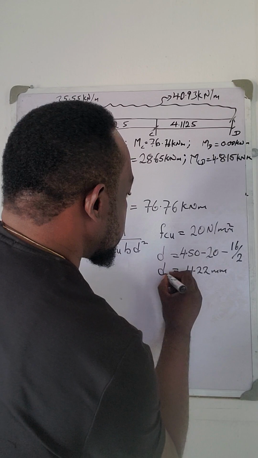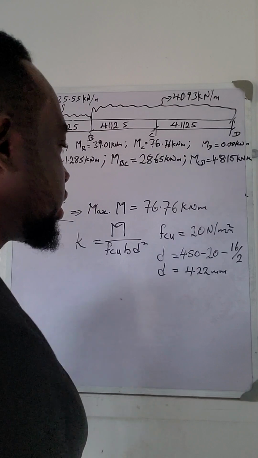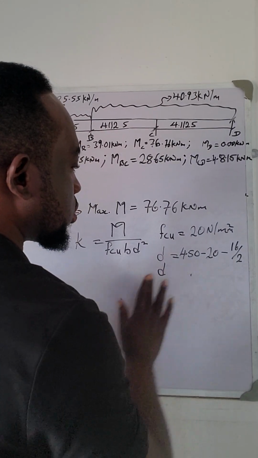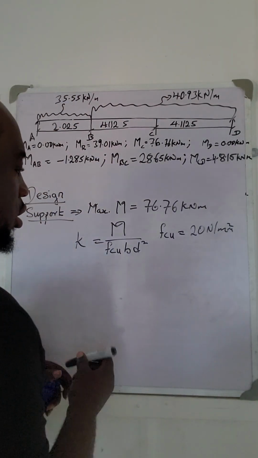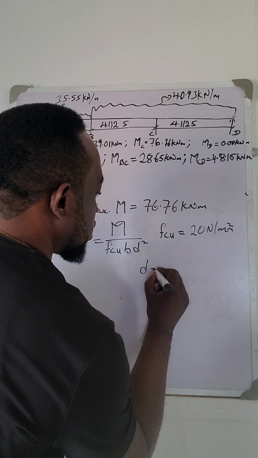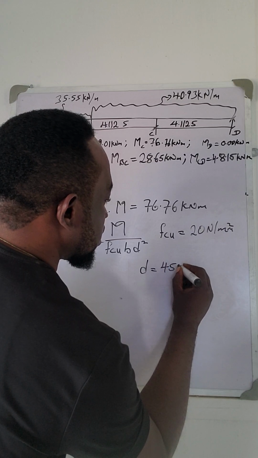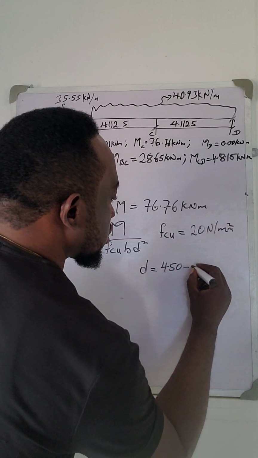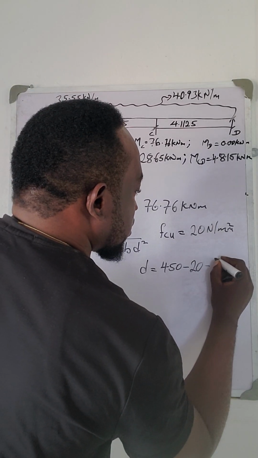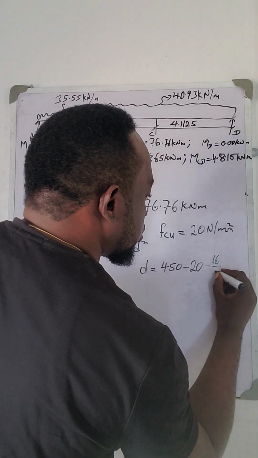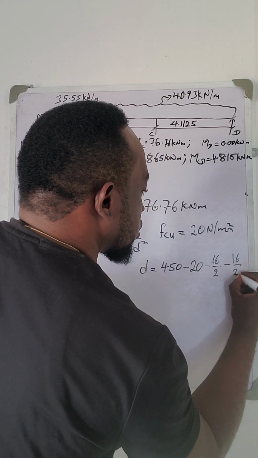Our d is equal to that. Sorry, the space is not much. Our d is equal to 450, which is the height, minus concrete cover, which is 20. I took 20 as concrete cover, minus 16 over 2.